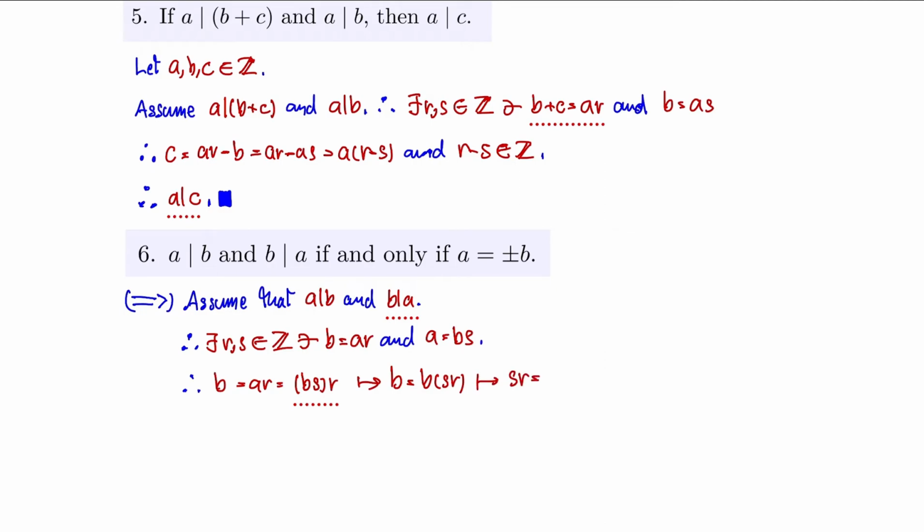Now we have SR, which is 1, so we have the product of two integers which is 1. So what do we have right here? Since SR equals 1, there will be just two cases. The first case is R is 1 and S is 1, or the second case is both R and S are minus 1.